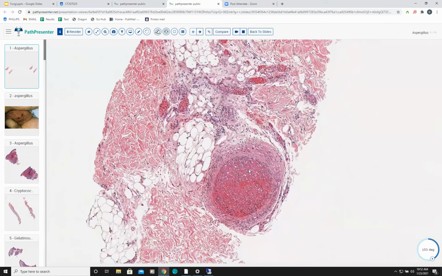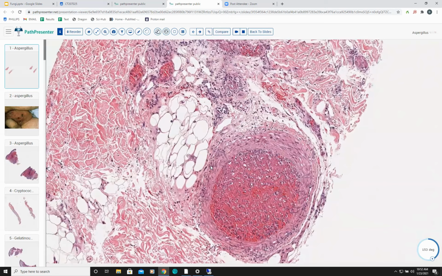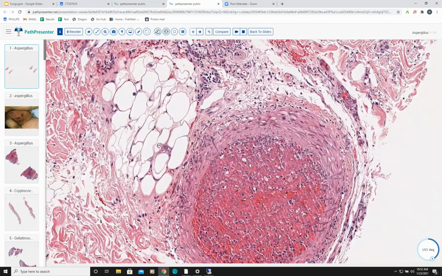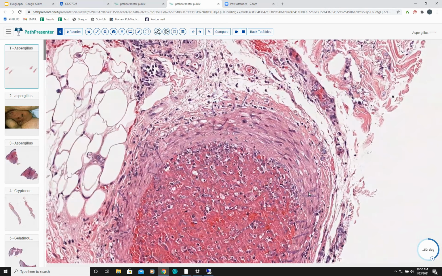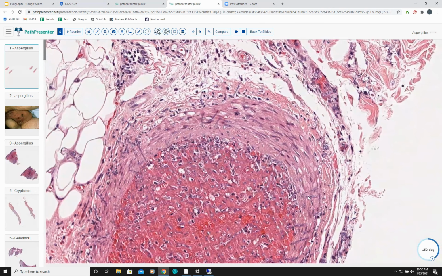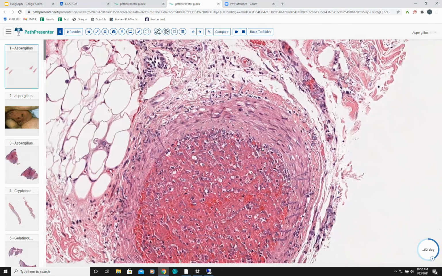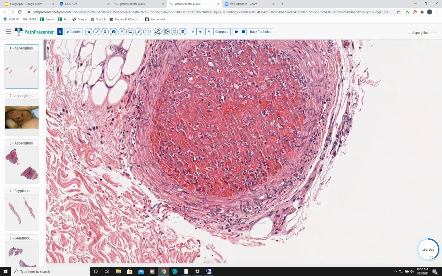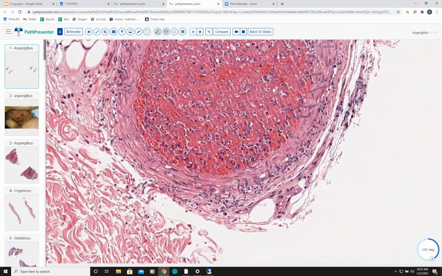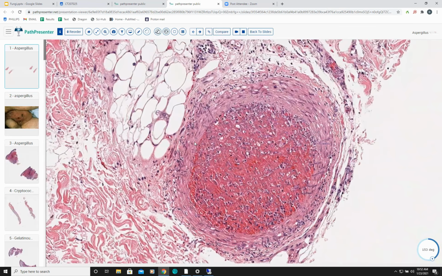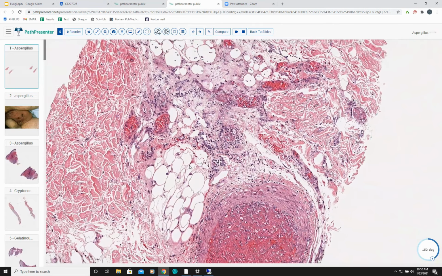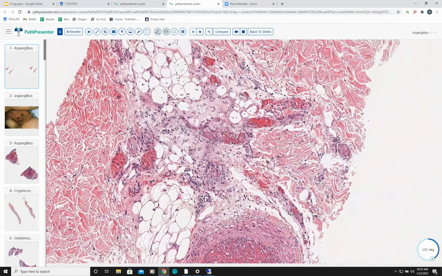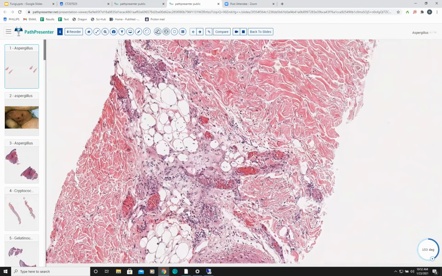When you look at the vessel, there's an intravascular thrombus, and here very nicely in the vessel wall, you can see these septate hyphae, and they are 45-degree angles. It's kind of tricky, but you can see there's a 45-degree angle, and they also hyphae in the thrombus. So this is aspergillus in immunocompromised patients, and these patients have a poor prognosis.